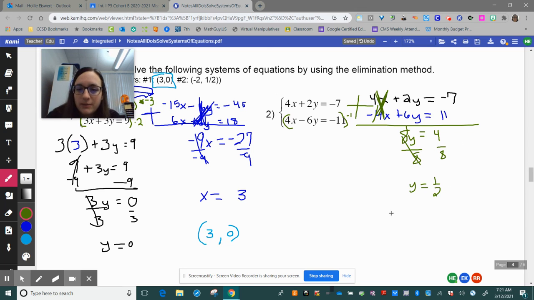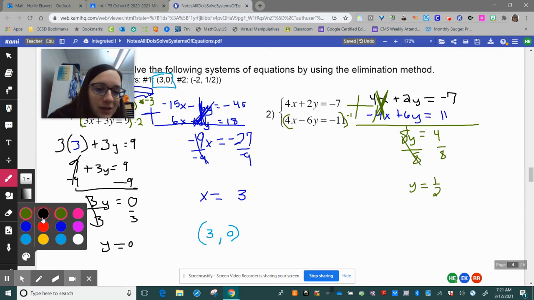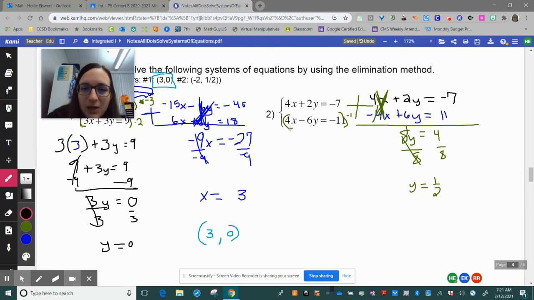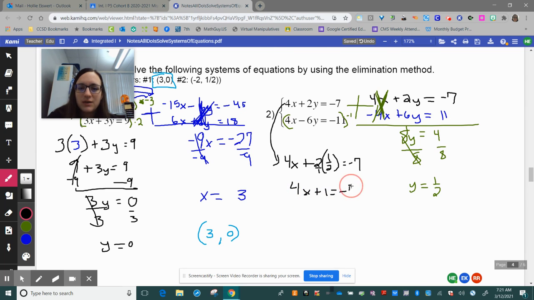So 1/2, and then you substitute your 1/2 in. I think that top equation is going to be best. So we have 4x plus 2, and our y is 1/2, equals negative 7. Okay, so 2 times 1/2 is just going to be 1. So we have 4x plus 1 is equal to negative 7.